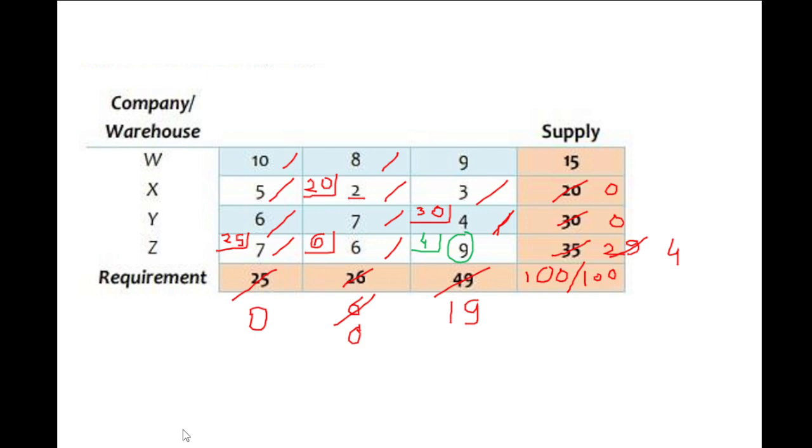Now 4, you have achieved 0, and here 15.